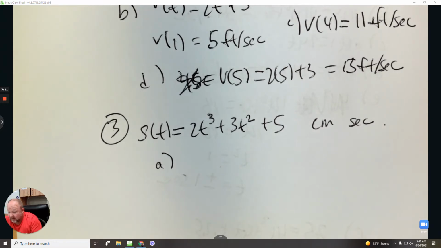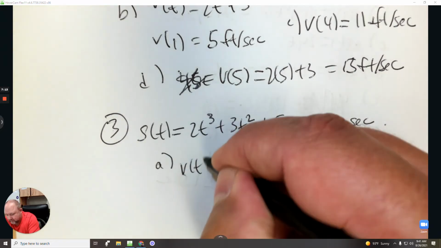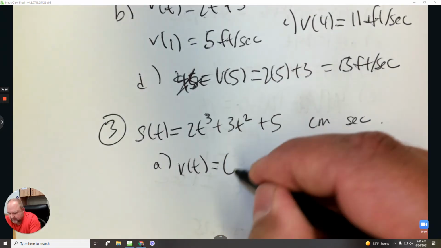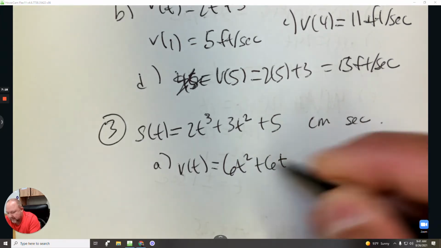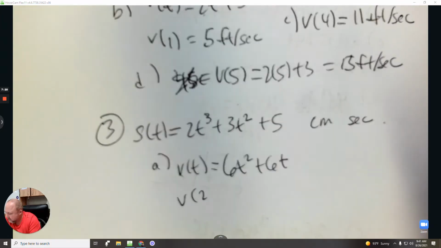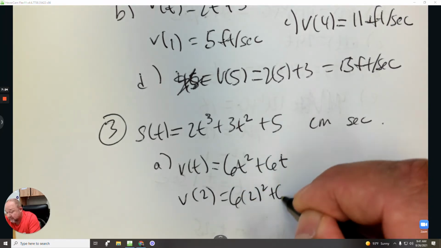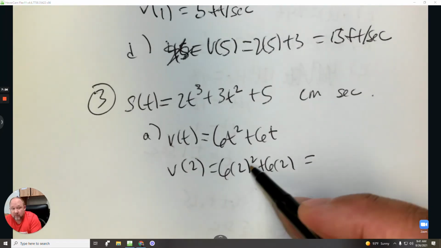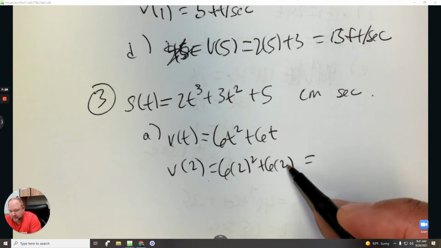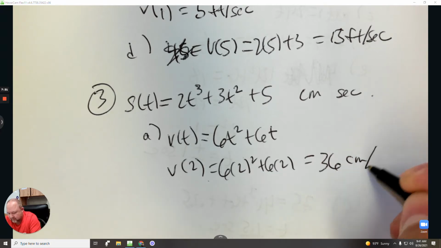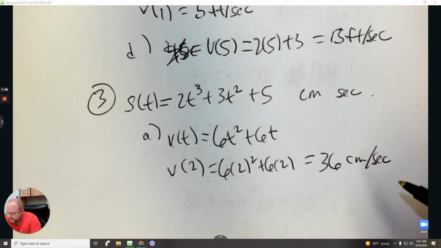Find the ball's velocity at 2 seconds. So to find velocity, we take the derivative. And then once we have that, we plug in 2 seconds and make sure we have the correct units. So 4 times 6, that's 24 and 12. And then the correct units, so that's centimeters per second.